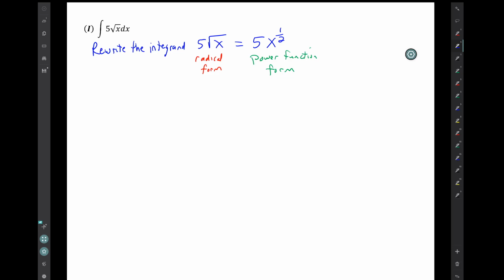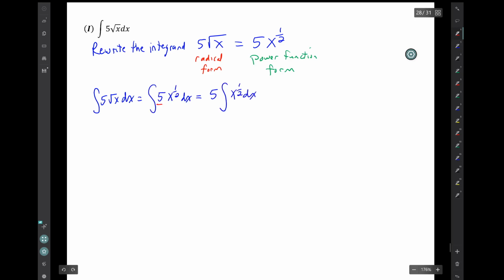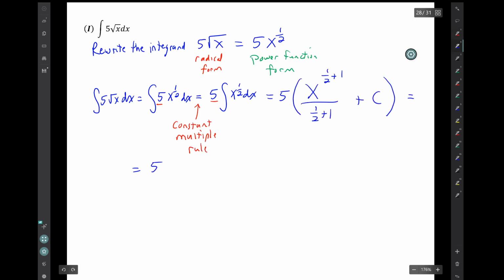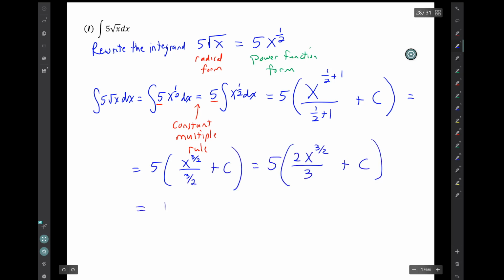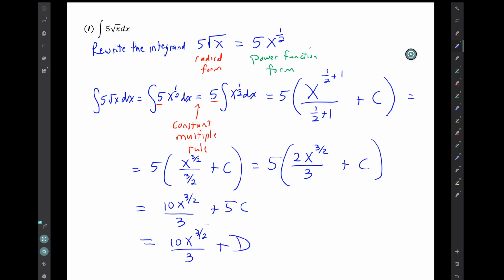That's the form we want for finding the indefinite integral. The result is the indefinite integral is 10x to the 3/2 over 3 plus D.